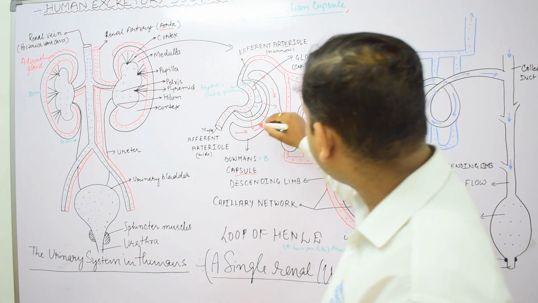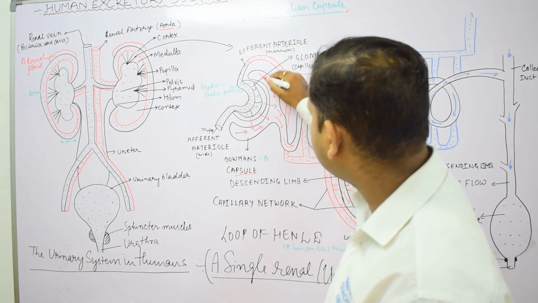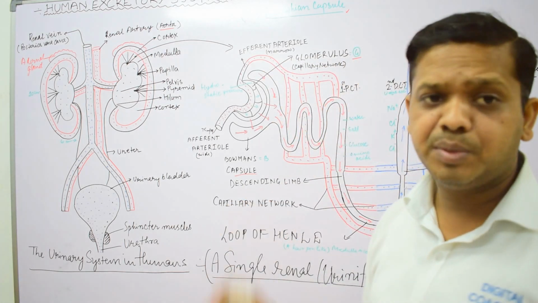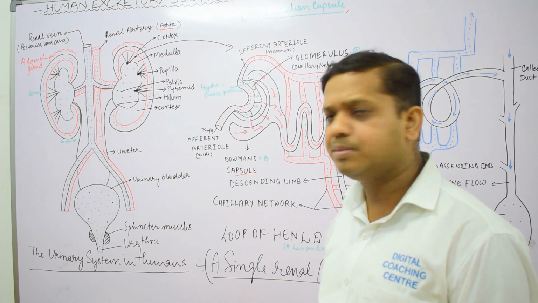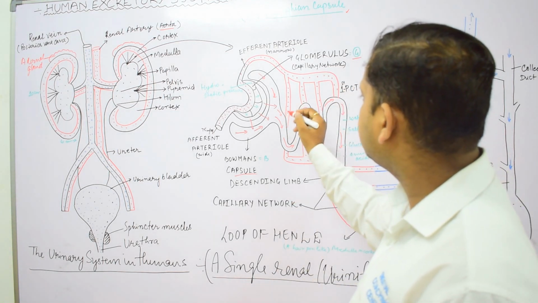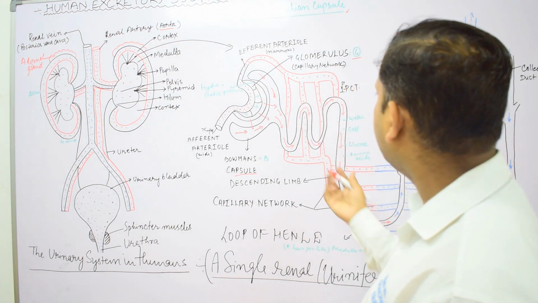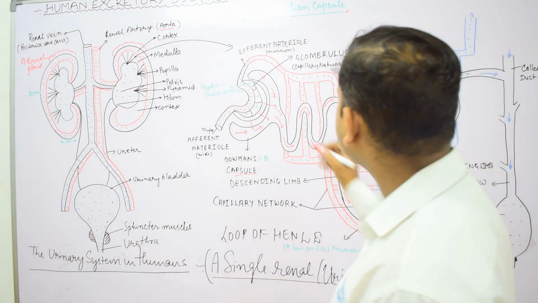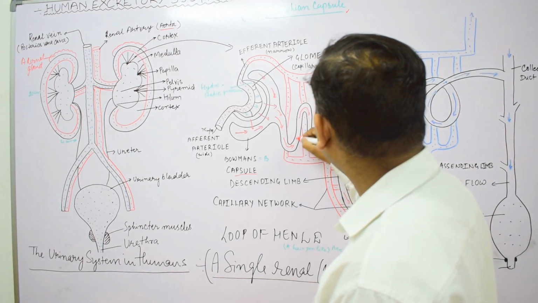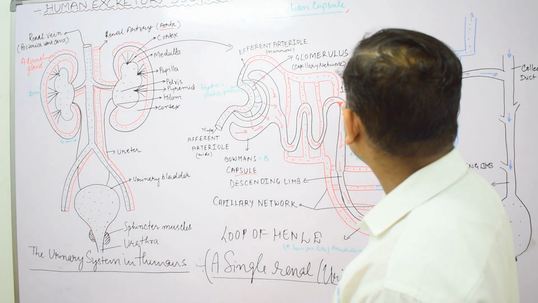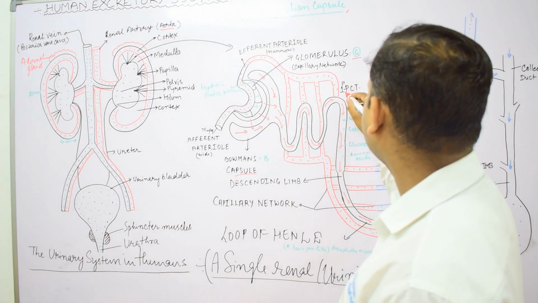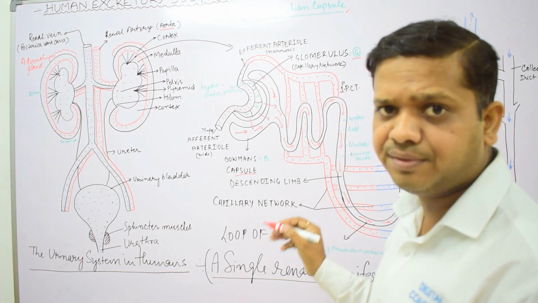They have a special type of cell, squamous epithelium cells, and the kidney tubule is made of ciliated epithelium cells. Here the squamous epithelium cells help in the filtration process, and by that the filtrate moves to the zigzag tubule, called the proximal convoluted tubule. This is the first half.